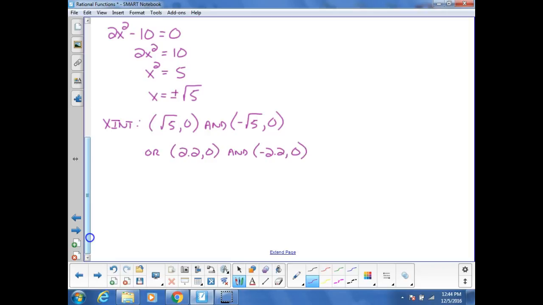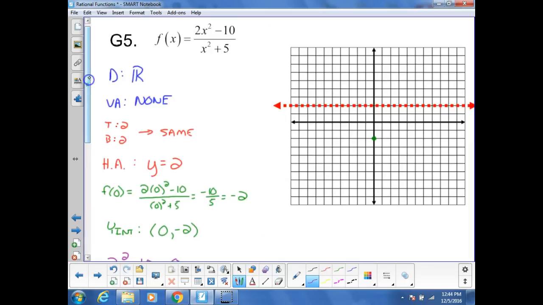Did you actually figure it out? It says 2.24. Okay. Pretty much. So we can put those two on there: 2.2, negative 2.2.